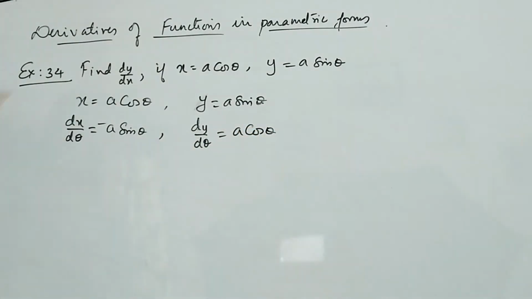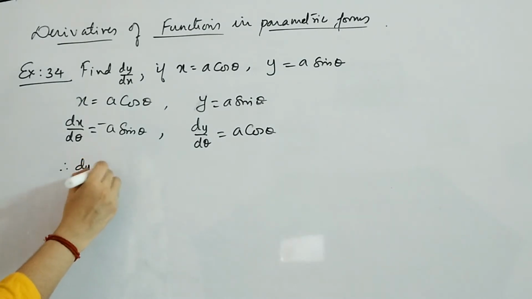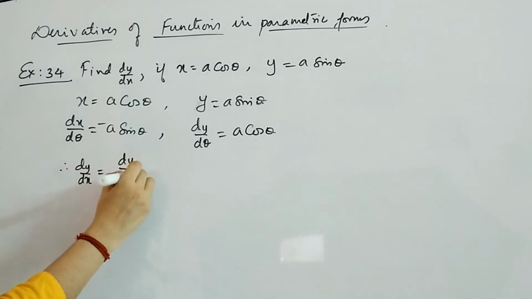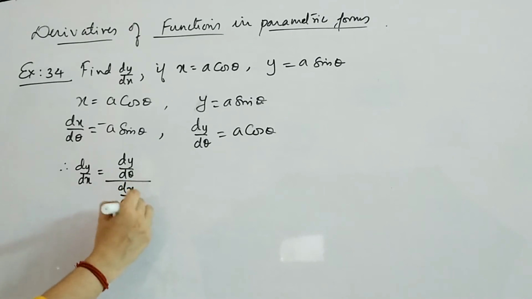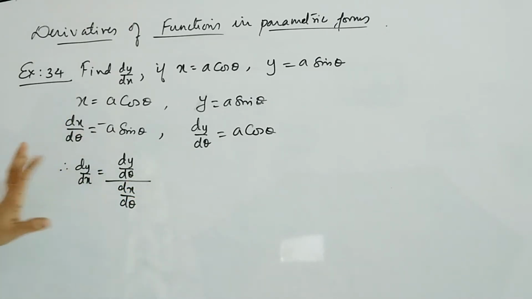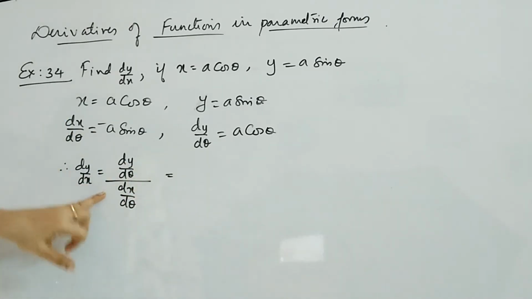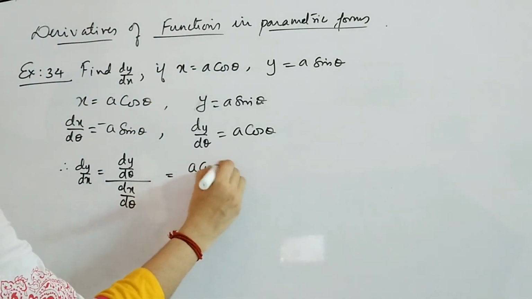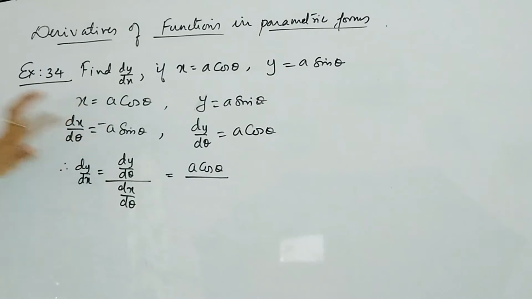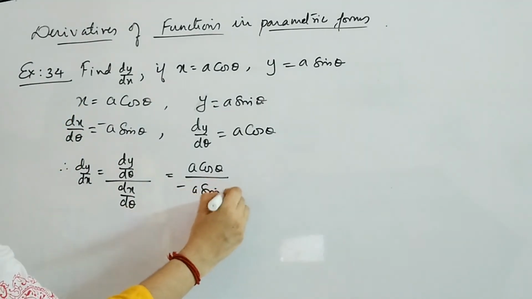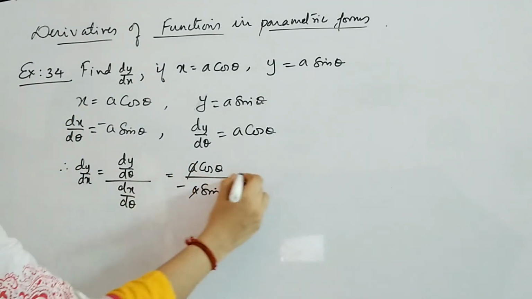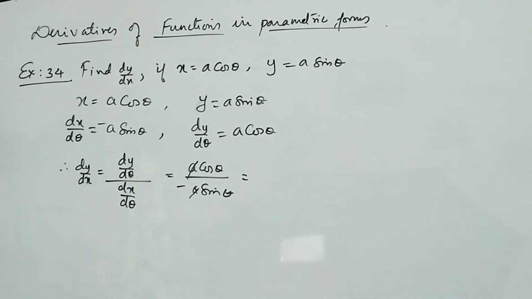Now your purpose is to find out dy by dx, therefore dy by dx will be dy by d theta divided by dx by d theta. Here dx by d theta is not equal to 0, so you are able to find out this. Okay, now substitute the value of dy by d theta, it is a cos theta. What is dx by d theta? It is minus a sin theta. A and a will get cancelled. Cos theta by sin theta will give you what?